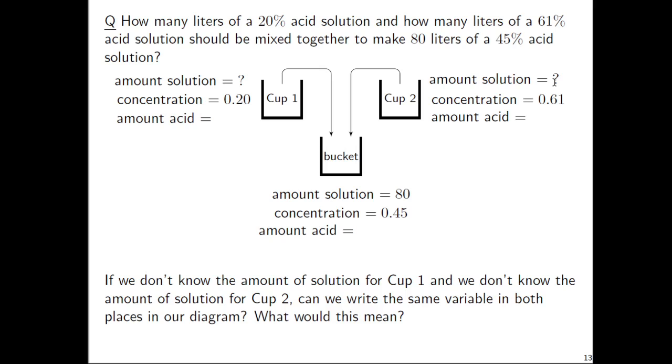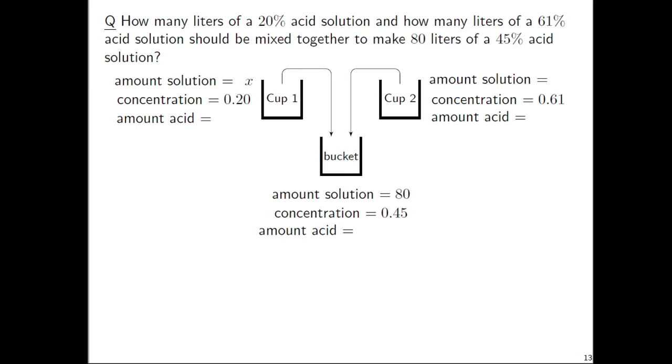If we did that, we would be assuming that the amount of solution of cup 1 and the amount of solution of cup 2 would be exactly the same. We would be saying that both cups are filled to the same beaker line. But that would be an assumption that's beyond what the problem lets us make. Should we just assume that it's half-half? That's actually the same thing as saying it was 40 here and 40 there, because 40 plus 40 equals 80. We shouldn't do anything like that.